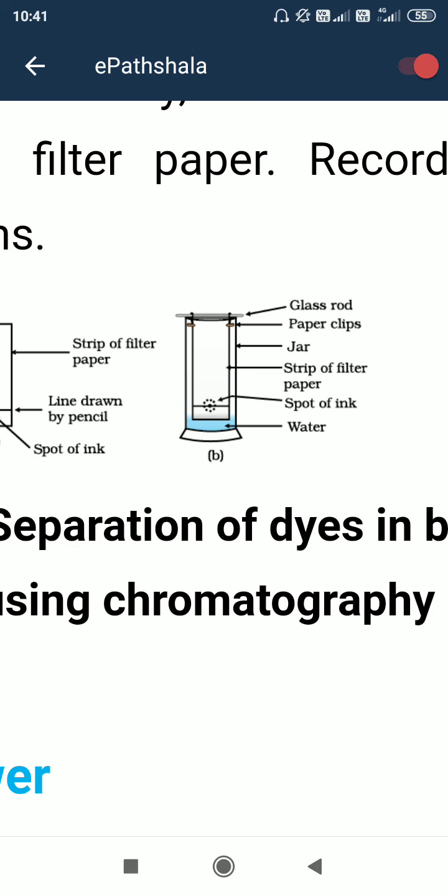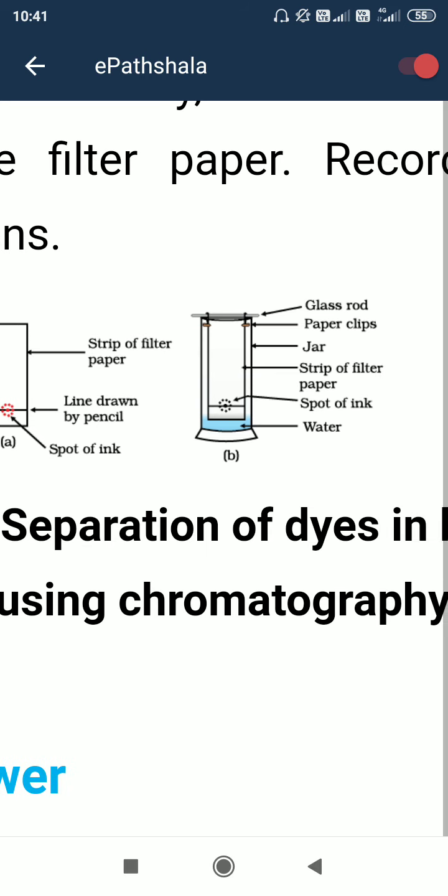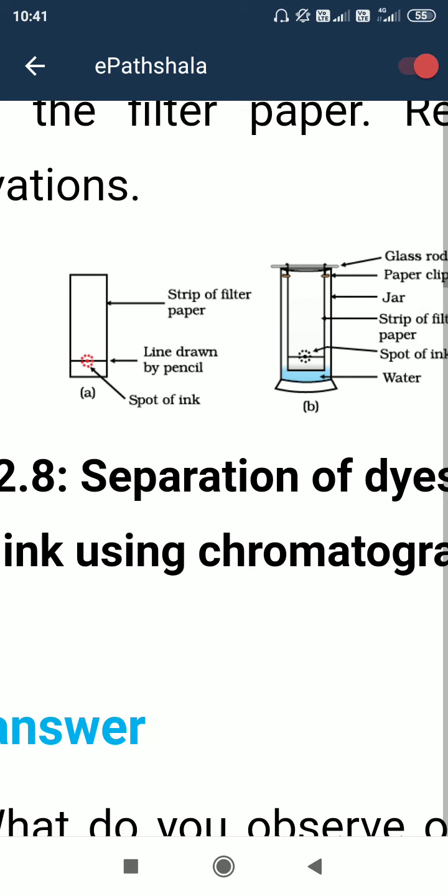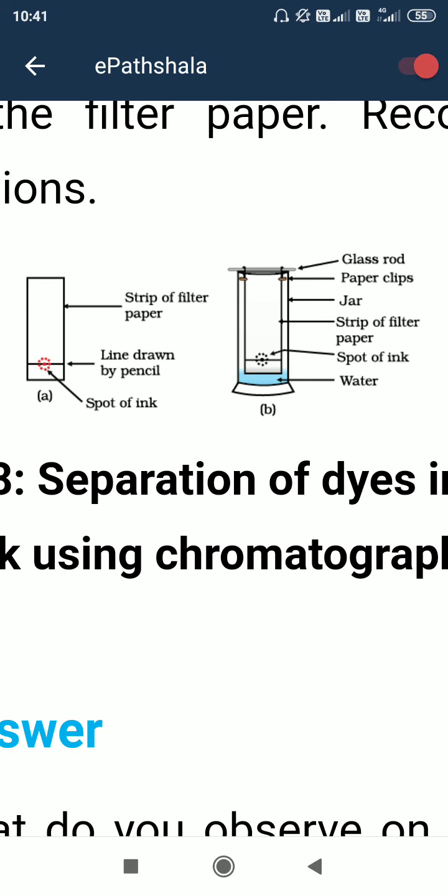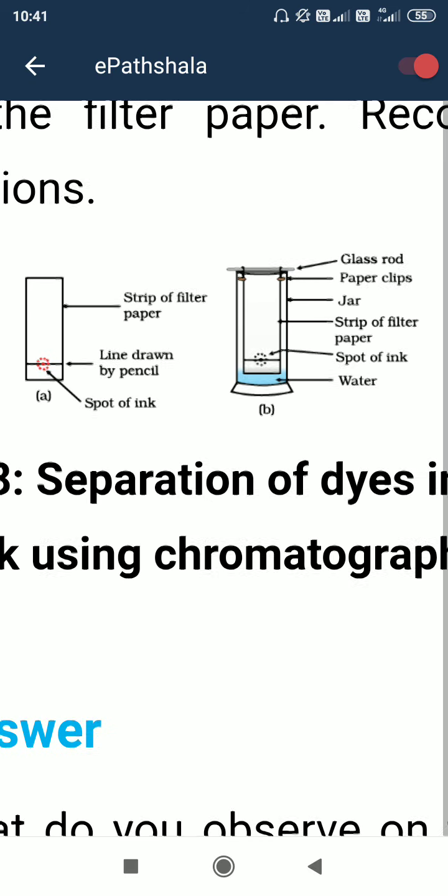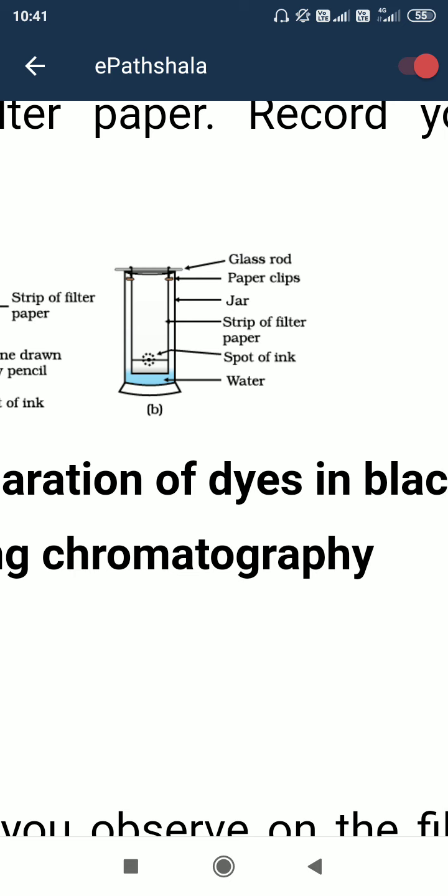This is chromatography. Chrome means color, and in chromatography the colors will be different, so many bands will be visible on the paper because of the difference in the travel of the different compounds. Okay, thank you.